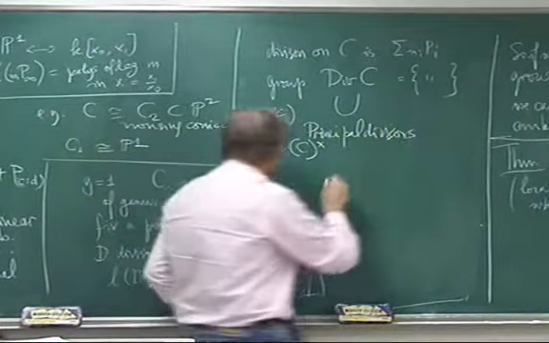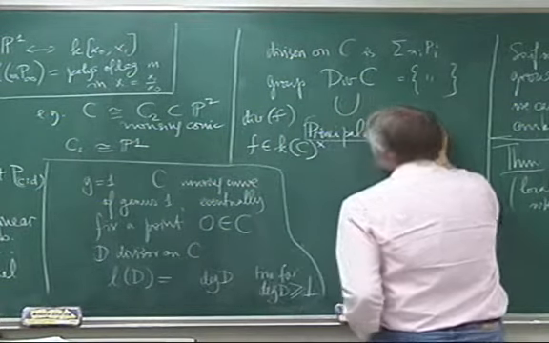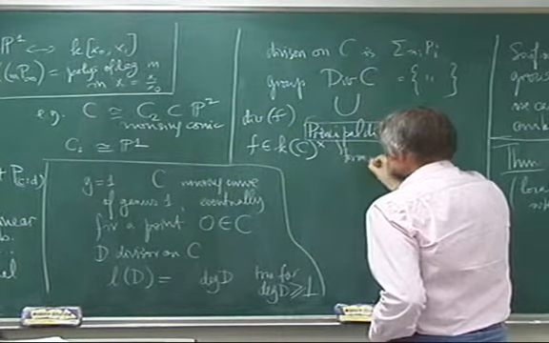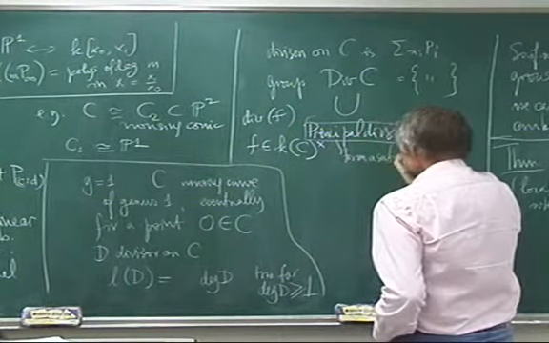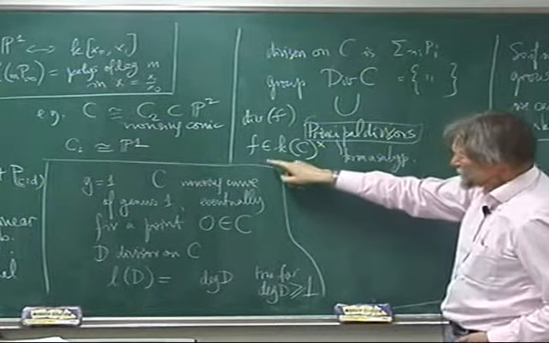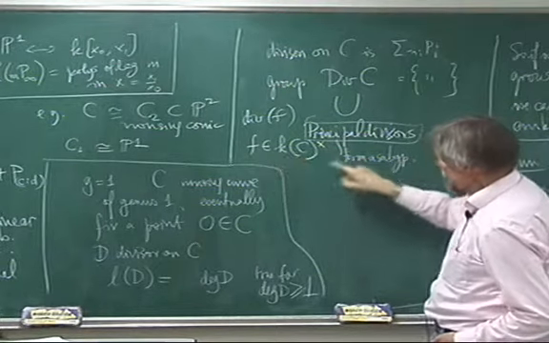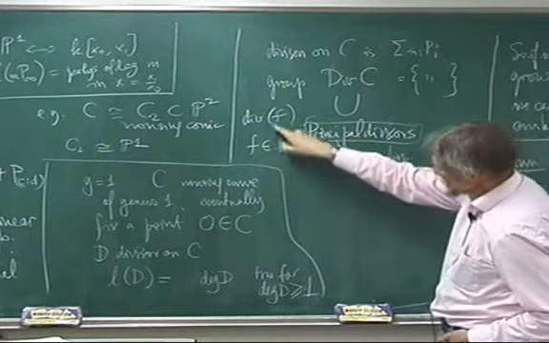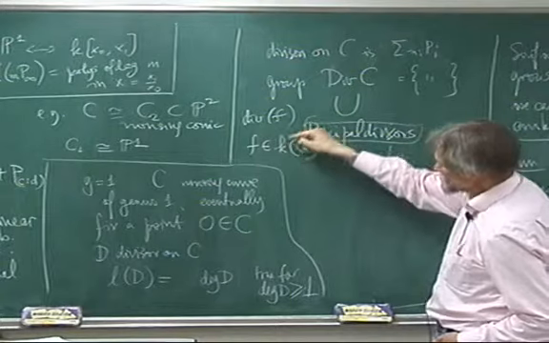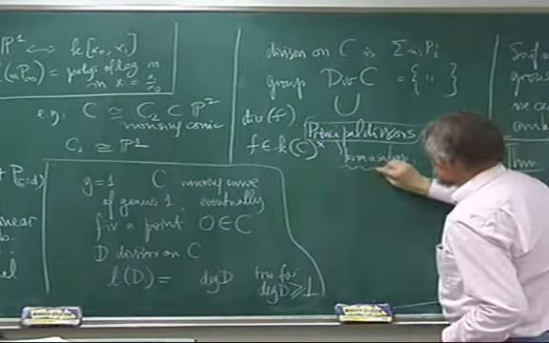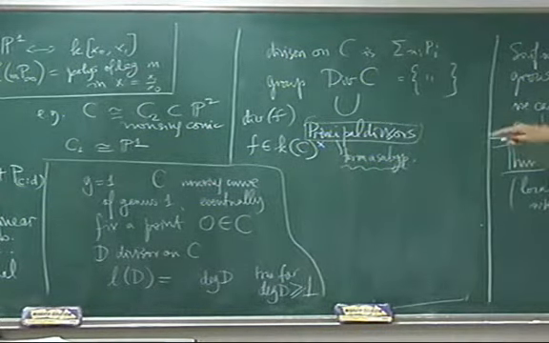So these form a subgroup. They form a subgroup simply because if I take the product or the quotient of two elements in there, the corresponding divisor is the sum or the difference of the two divisors. And so we can define the quotient.